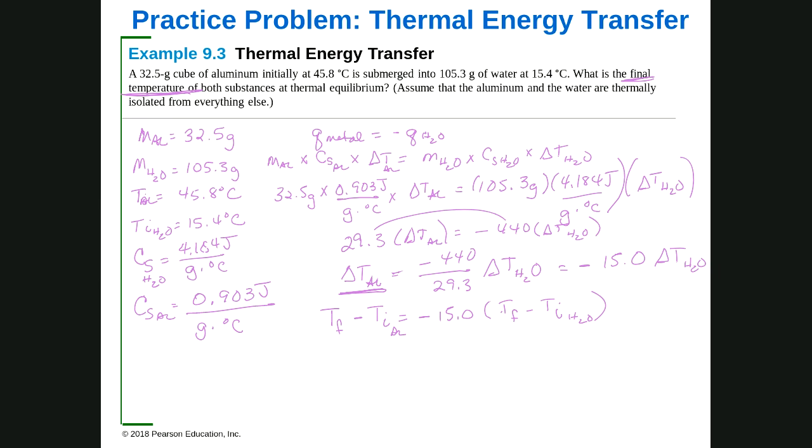Then T sub F minus T sub I of aluminum is equal to negative 15 T sub F, using the distributive property, plus 15.0 times T sub I of water.